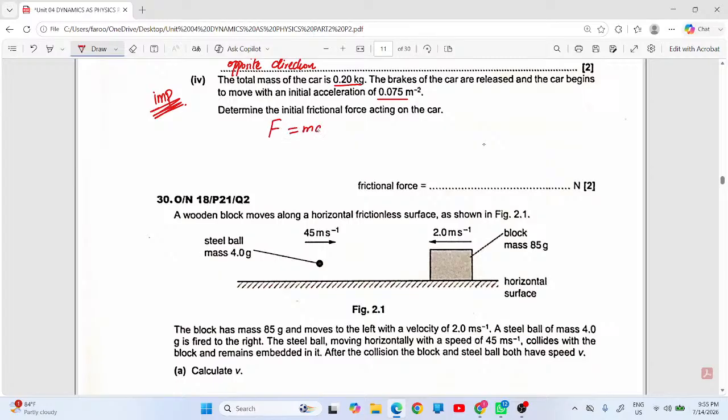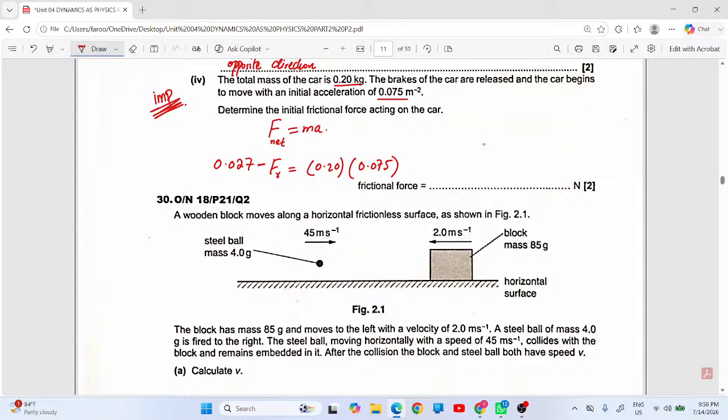Here we have to take the net force. Net force is forward force minus backward force. The forward force is 0.027, minus the backward force, which is the frictional force we don't know, equals mass times acceleration 0.075.